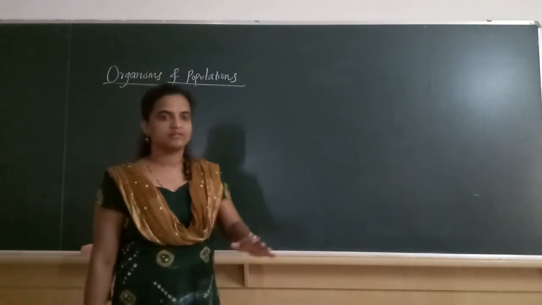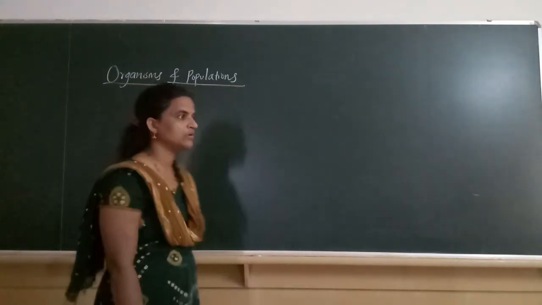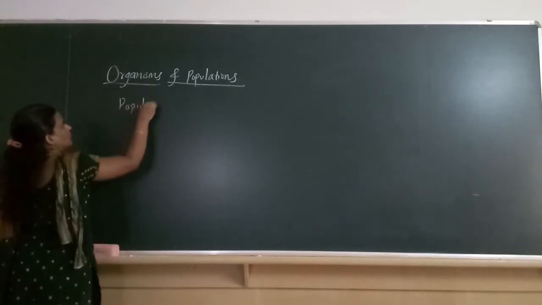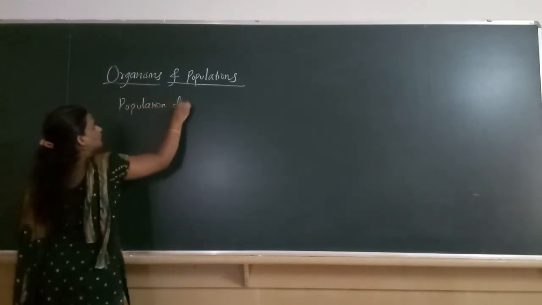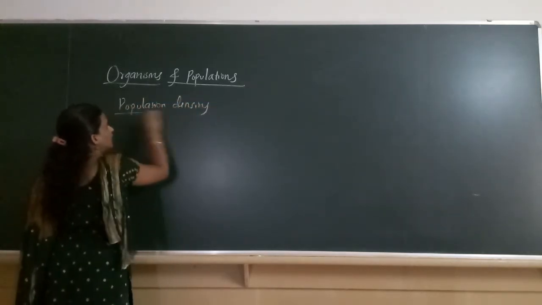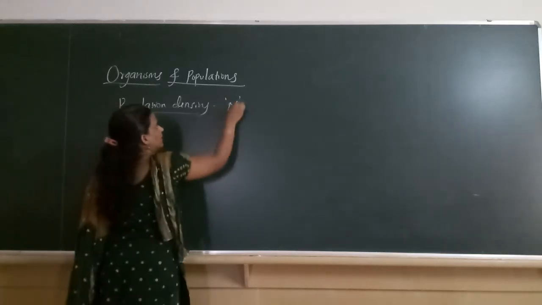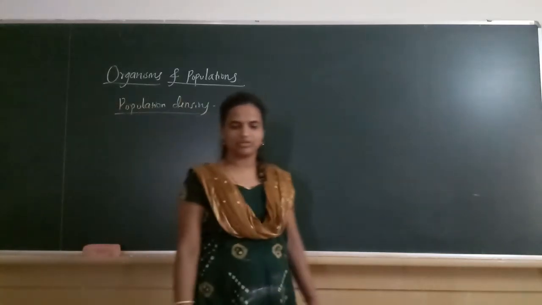In the next part of population attributes we are going to start population density. It is represented by capital N. What is population density?